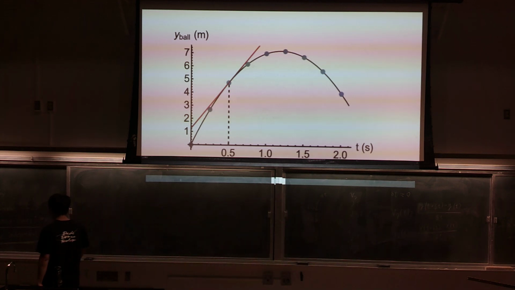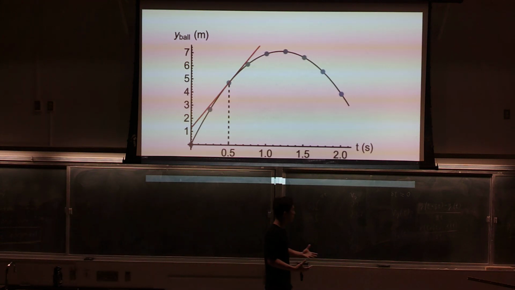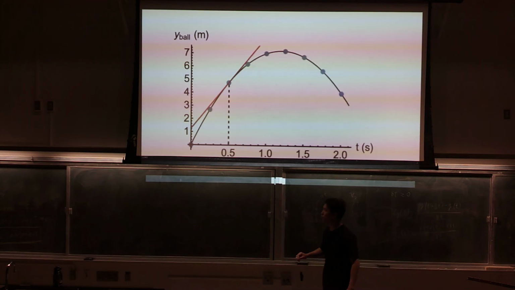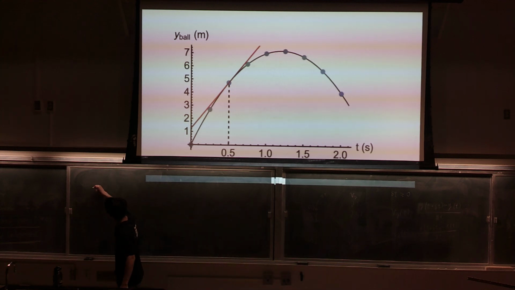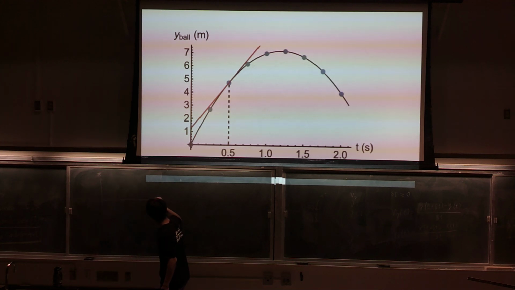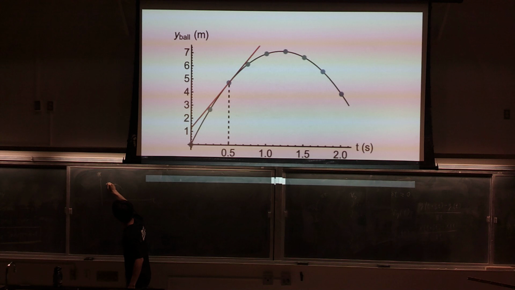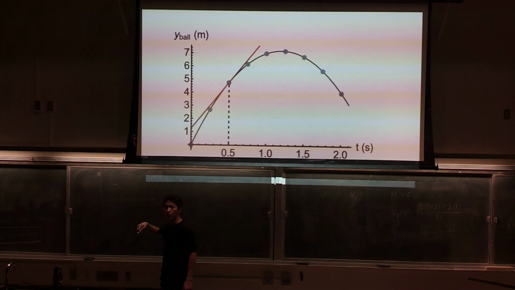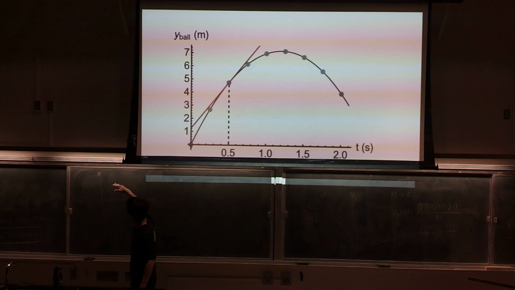Because the x velocity is the slope of the tangent line, let me draw the xt graph. The first common feature is that when the x position reaches some maximum, at that maximum, the tangent line should be flat with zero slope. So when your position reaches a maximum, your x velocity should be 0.